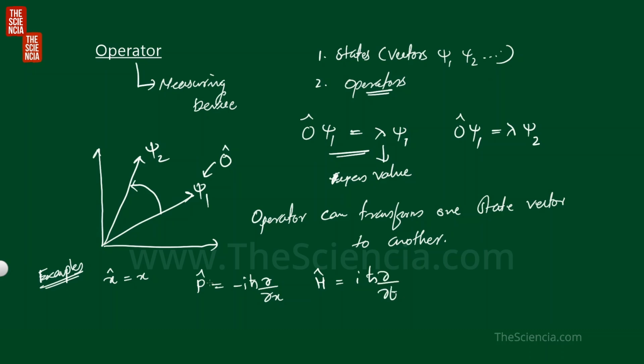So these are some examples of operators. This Hamiltonian operator will operate on a certain state and it will give energy and the state itself. Here this one is an eigenvalue operator. That is why the wave function is not changed. The same wave function we will obtain after the measurement.